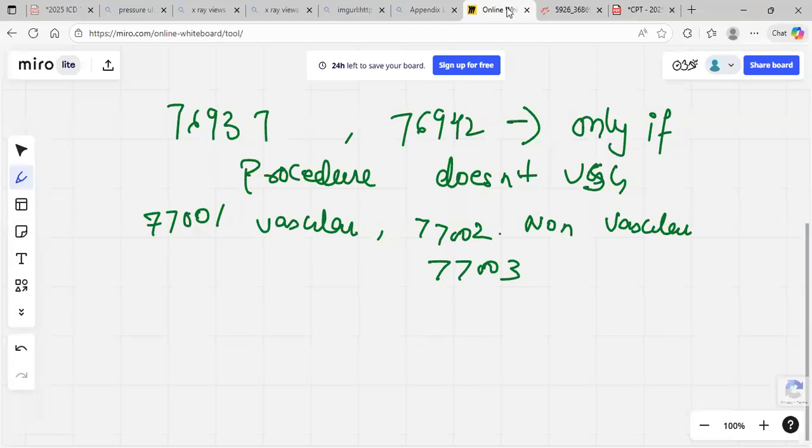For the breast cancer localization, the doctor needs to localize that lesion first. To localize that lesion, the doctor is using an imaging guidance. The doctor needs to understand where the lesion itself is. Then only he will proceed with the incision. We do have a localization device also, like wire clips and everything.